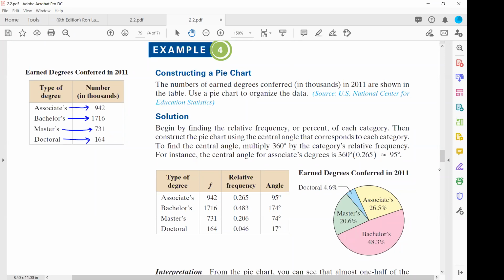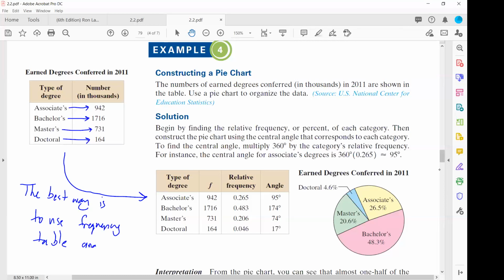The best way to visualize categorical data is using a frequency table and forming the relative frequency.